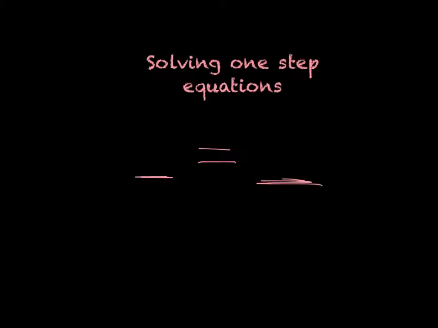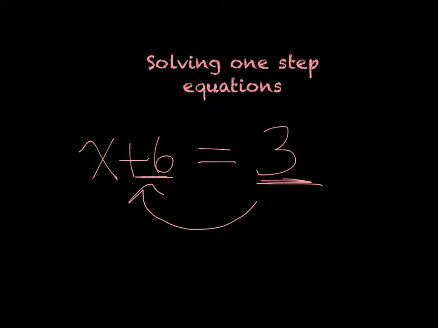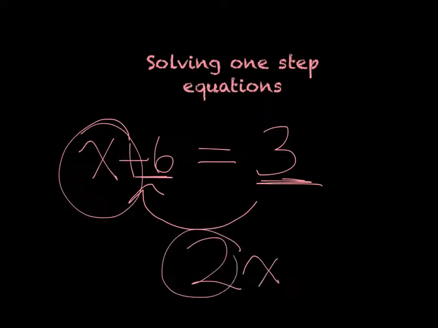So, for instance, if I have x plus 6 is equal to 3, then I'm trying to make this side equal to the other side, okay? The number that we're missing is called the variable. If there's any number in front of the variable, say I had 2x, then the number 2 would be called a coefficient. Okay, let's keep going.